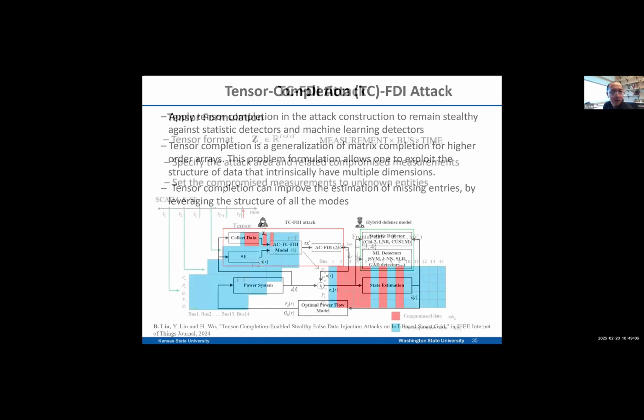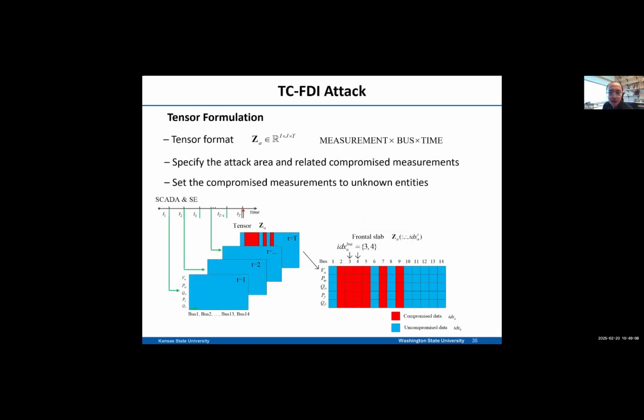Similarly, we need to formulate a tensor first to conduct a tensor completion. Here, we formulate third-order tensors that collect a SCADA system for t time steps, t time instances. And the tensor takes the form of measurements times bus times time.